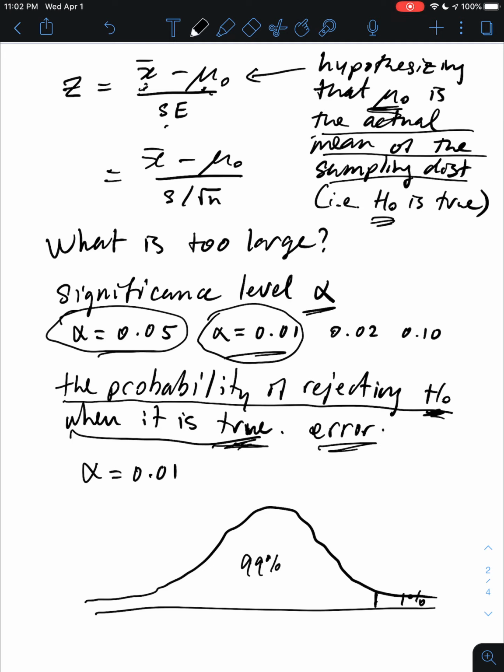Now you can do a reverse lookup on your Z table. So let's just do that right now. I'm going to try to find 99% in the Z table. 99% is around 2.33. It's pretty close.